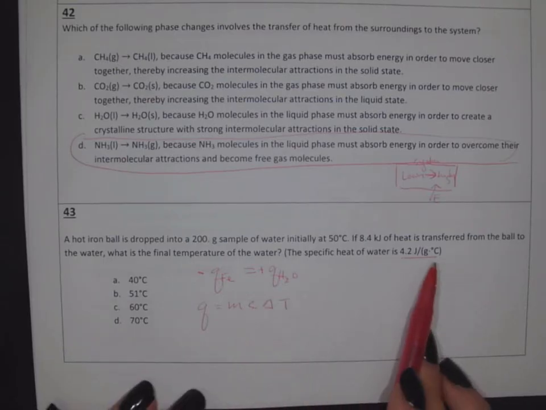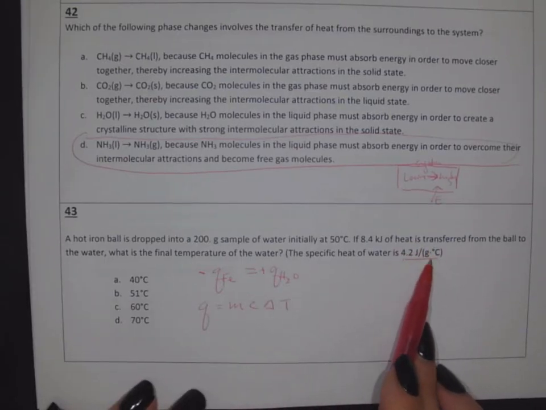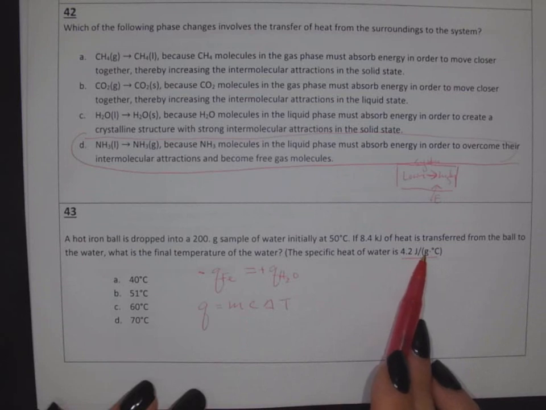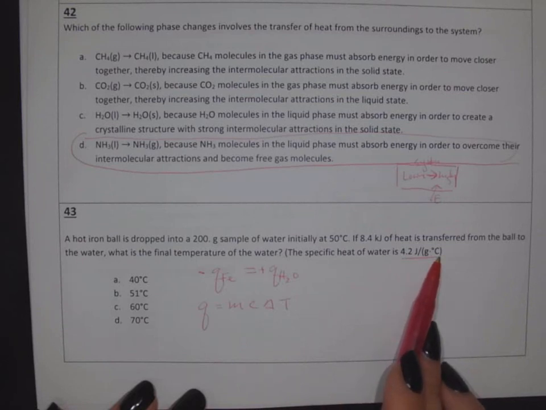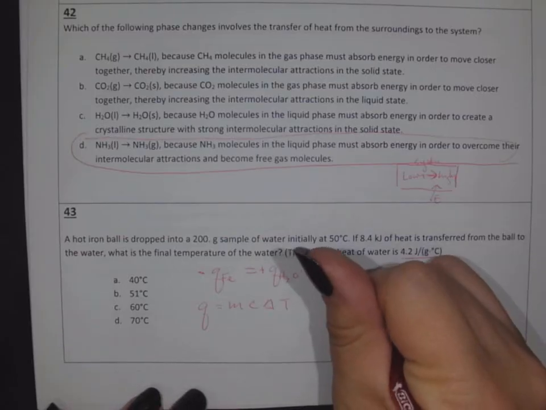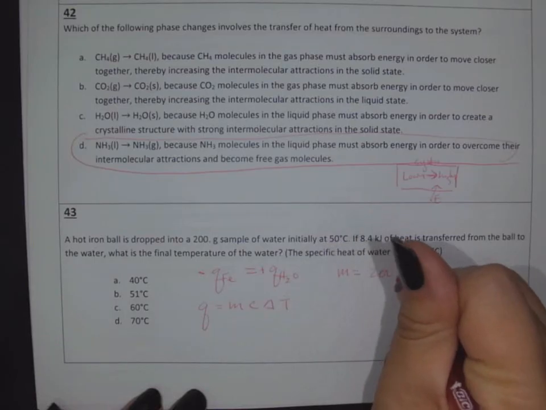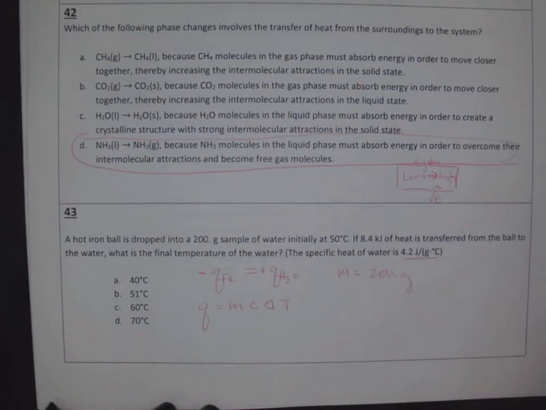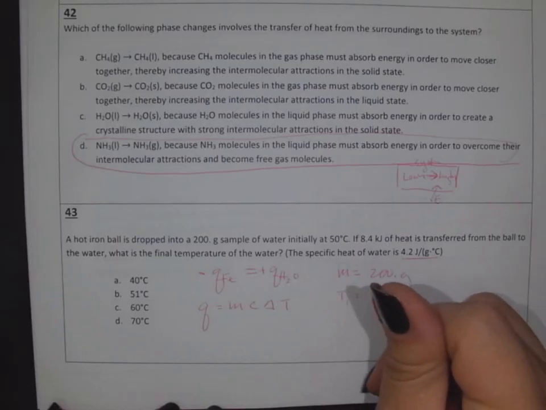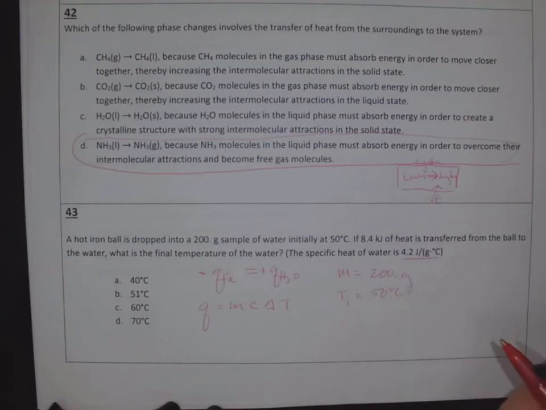This specific heat tells me the units that I'm wanting to work with here. So my energy is going to be units of joules, I want mass in grams, and I want temperature in Celsius. So a hot iron ball is dropped into a 200-gram sample of water. So I know my mass of water, 200 grams. Initially, so temperature initial for the water is 50 degrees Celsius.